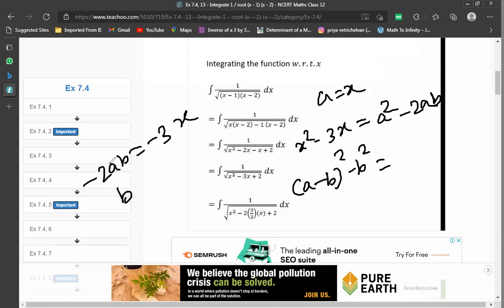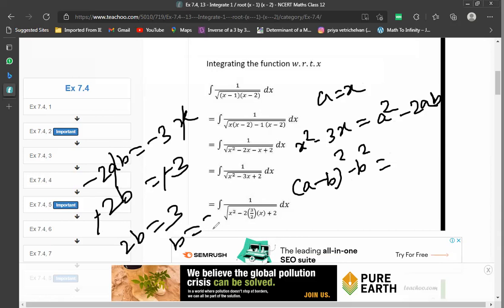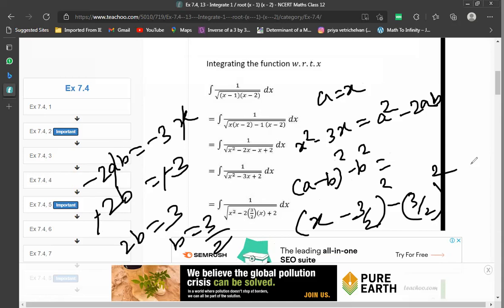So minus 2b equal to minus 3 because a is x, isn't it? Minus and minus will cancel out each other. 2b is 3 and b is equal to 3 by 2. So the value of a is x and b is 3 by 2 in this. So x minus 3 by 2 the whole square minus 3 by 2 the whole square. Understood? So that is how we will rewrite this.